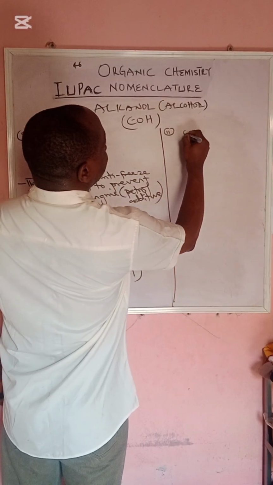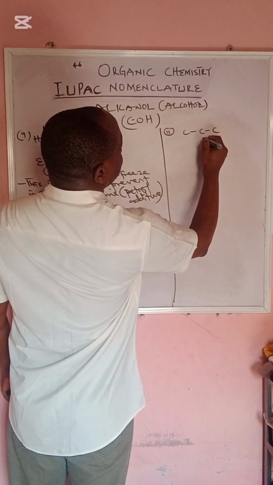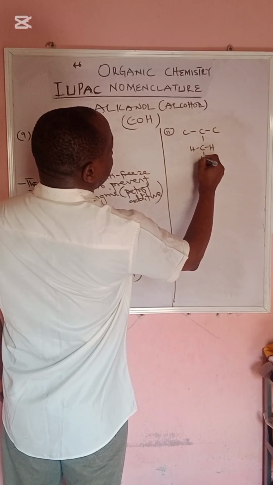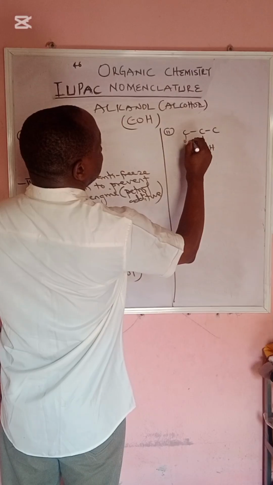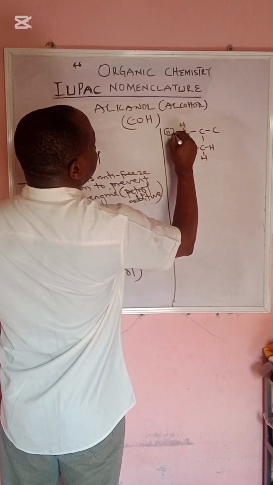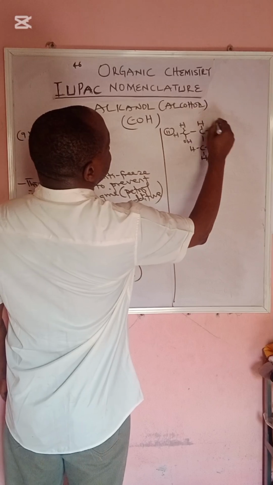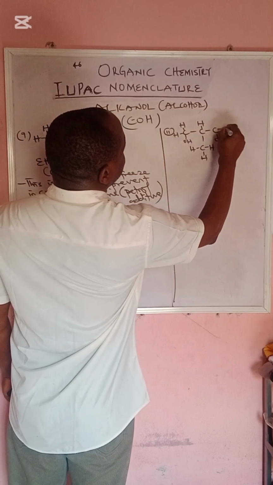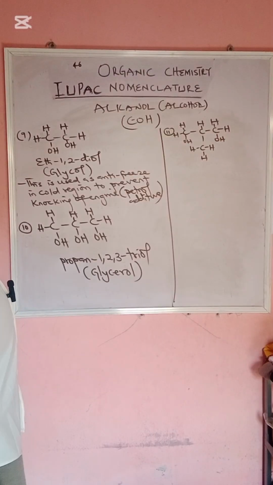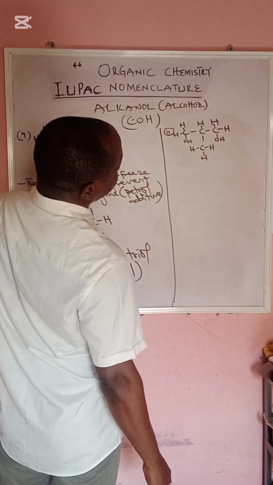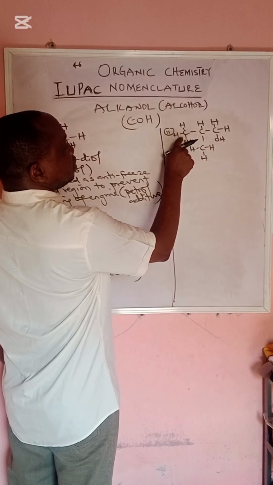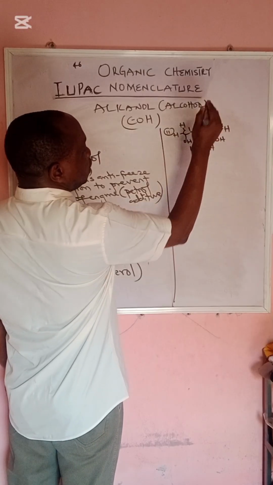So number 11. We have 1, 2, 3. We have methyl here, OH here, and another OH. You can see if you count from left to right, this is 1, 2, 3.